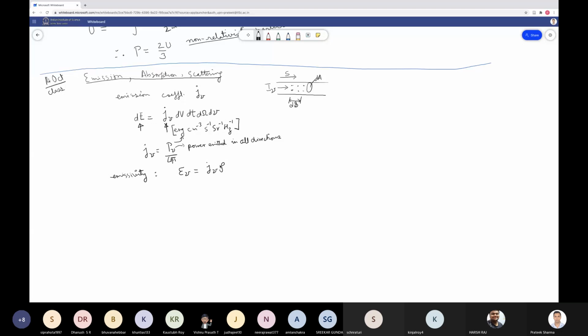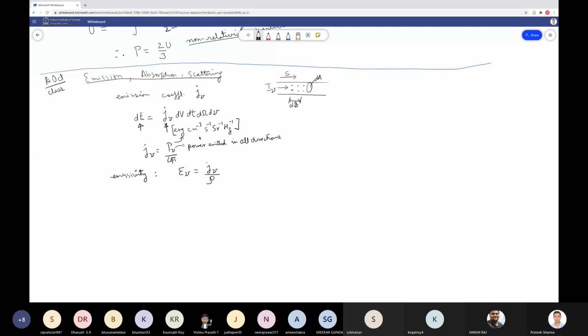Sorry, J nu divided by rho, not multiplied. So J nu divided by rho becomes emission per unit mass of the matter.